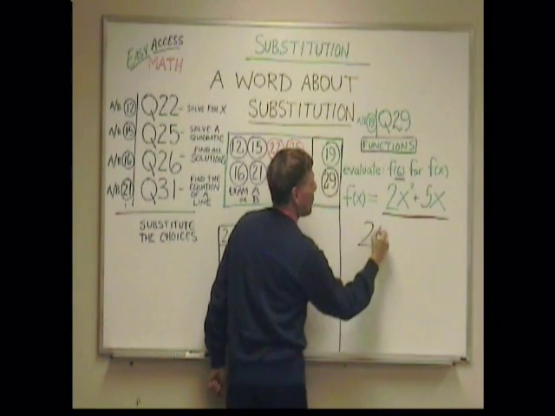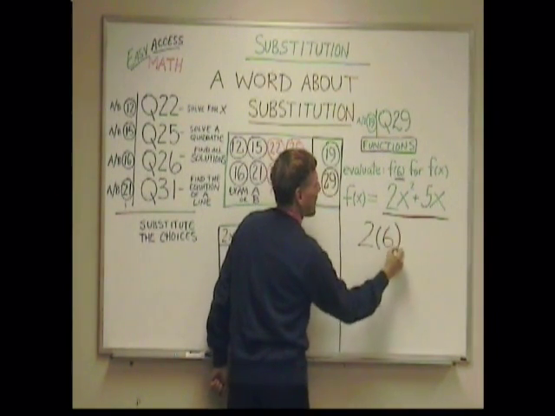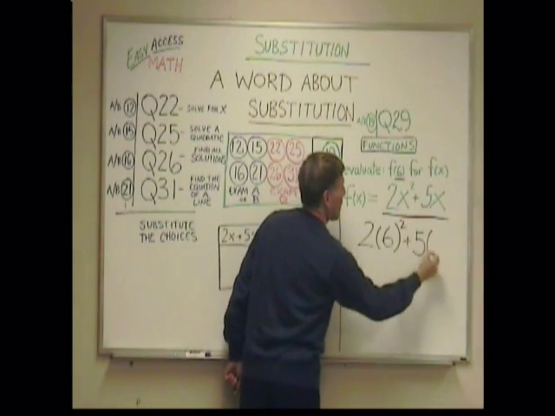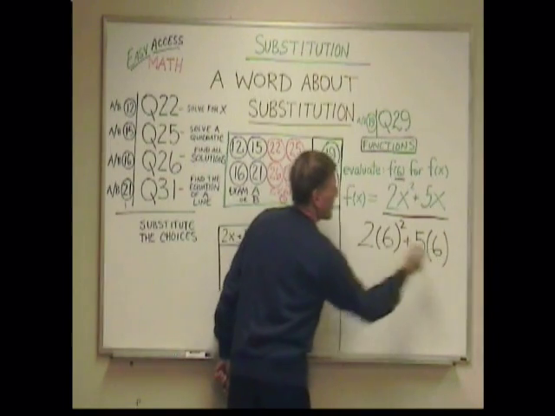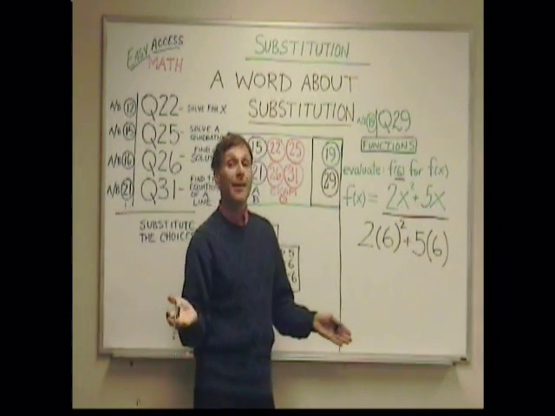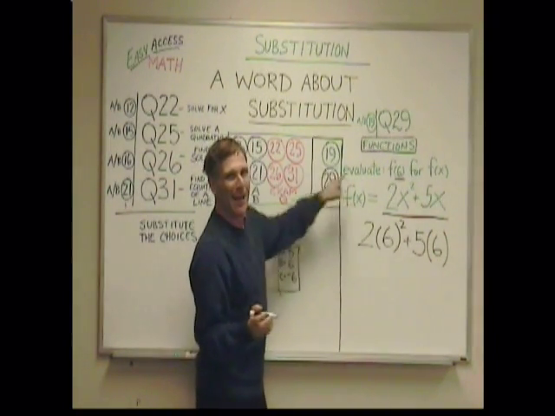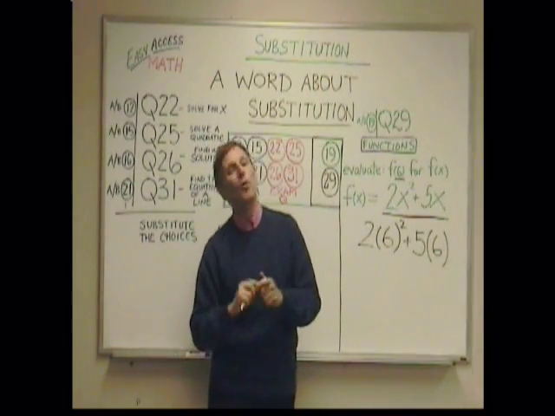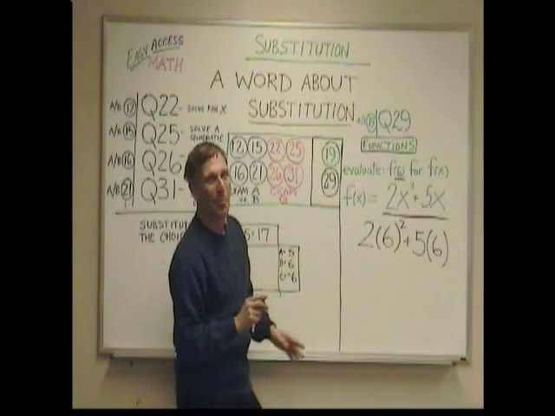So I have 2 times 6 squared plus 5 times 6. And now I just work this out. Please don't plug in your choices there.